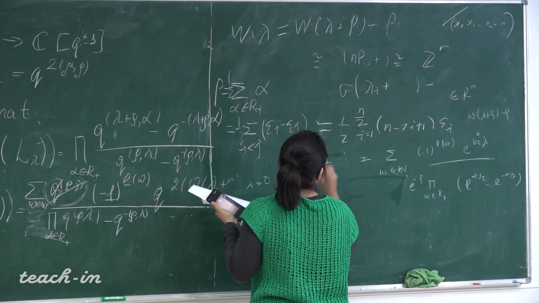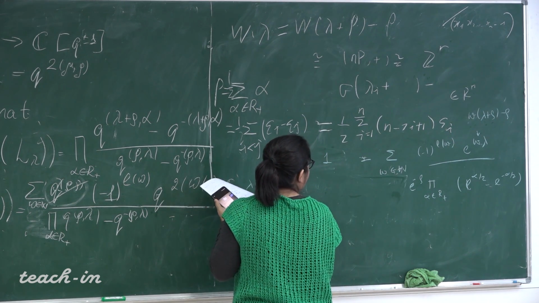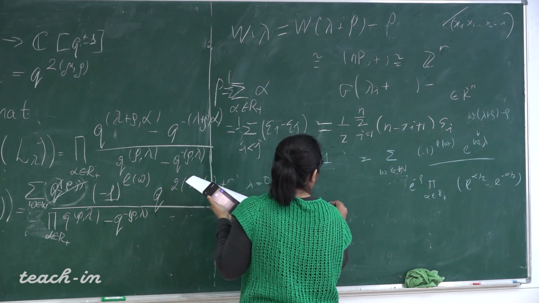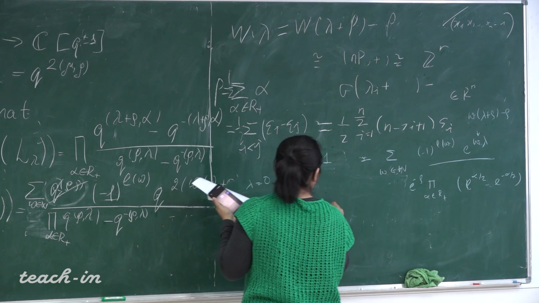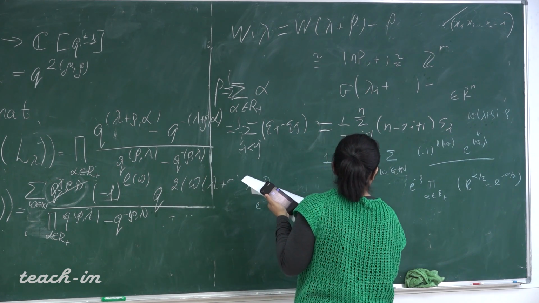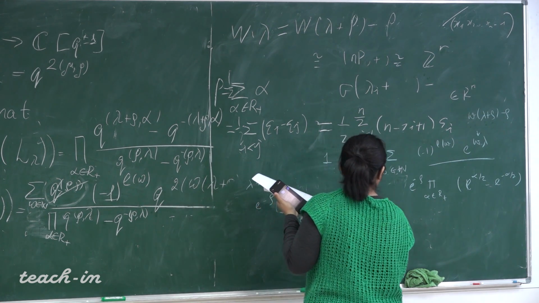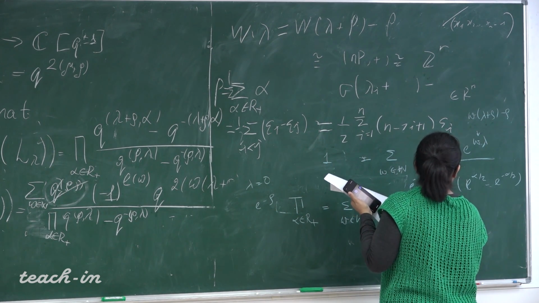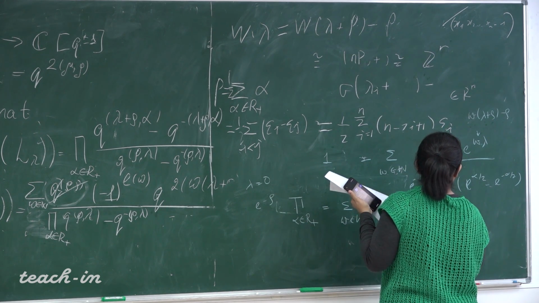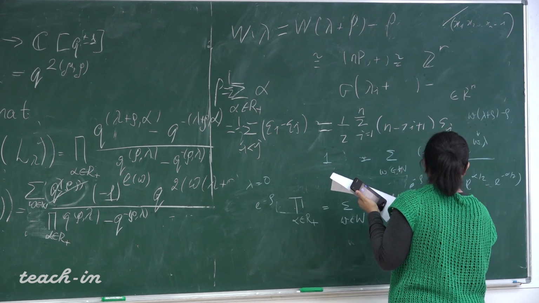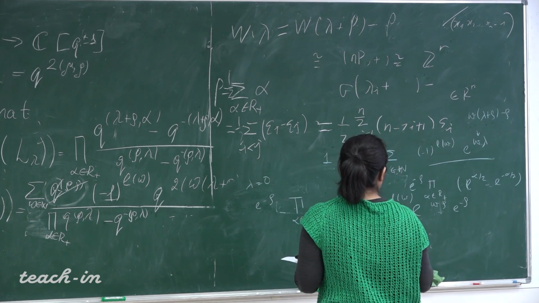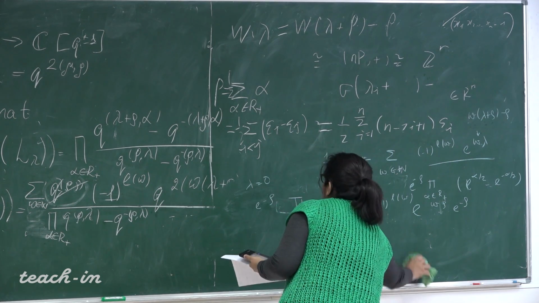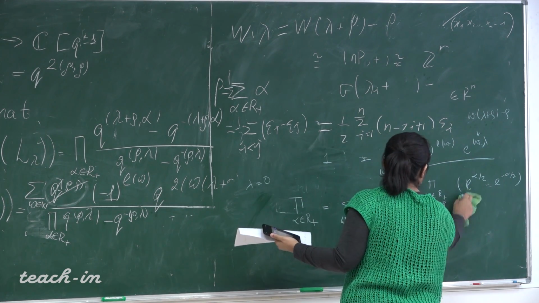So we have 1 here, which is equal to this, and this is exponential of w lambda, and lambda is 0, so we have just minus rho. So you can cancel e to the negative rho.